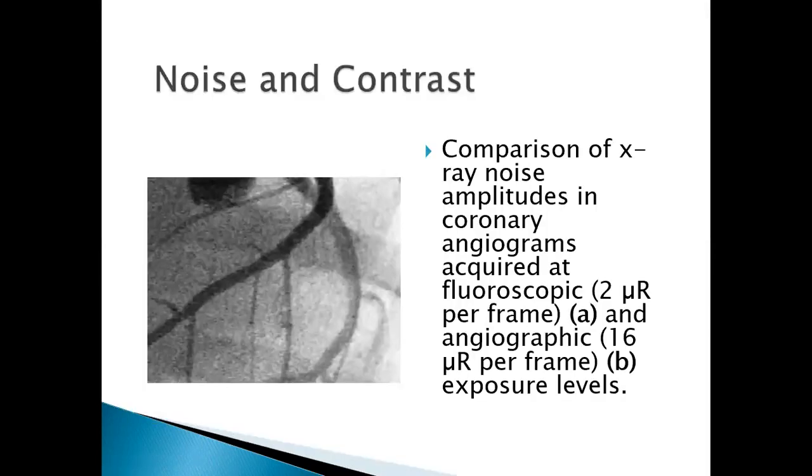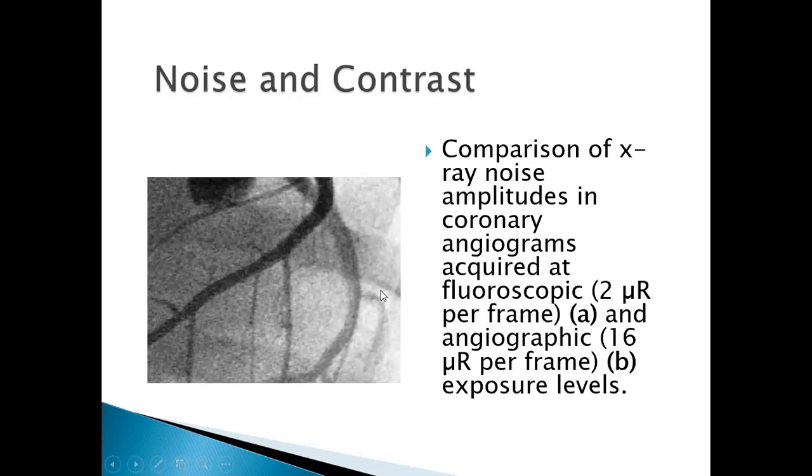Let's look at some examples of the noise and contrast relationship. We look at a particular image here, a coronary angiogram. We acquired one at 2 microroentgen per frame and the other at 16 microroentgen per frame, 2 different exposure levels.